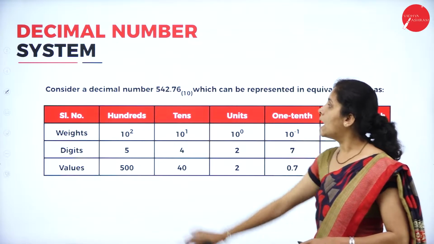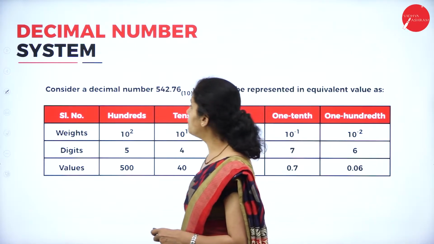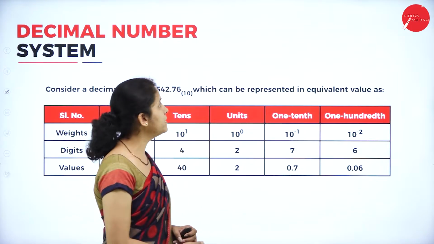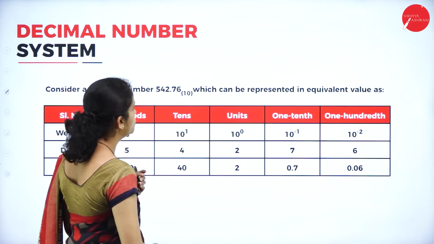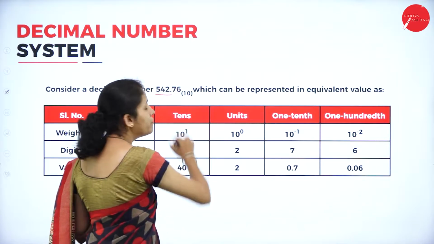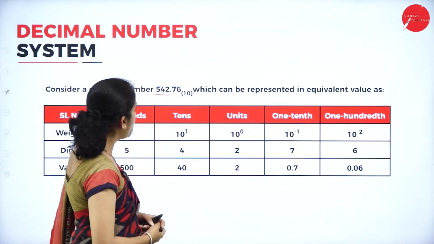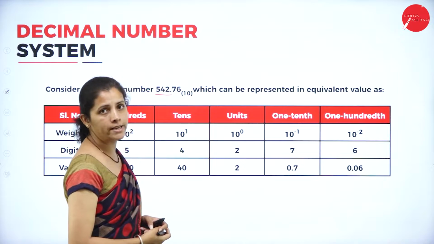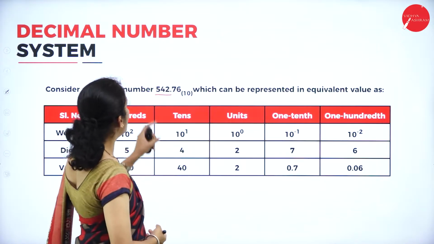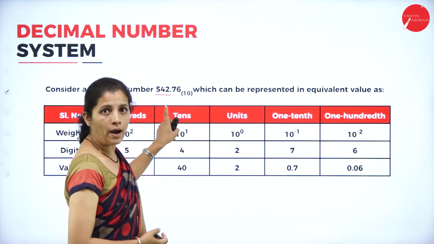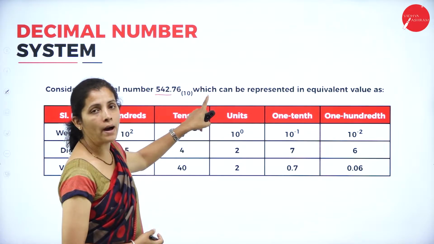Now see, I'm going to have a simple example here. This is the example for the decimal number system: 542.76.